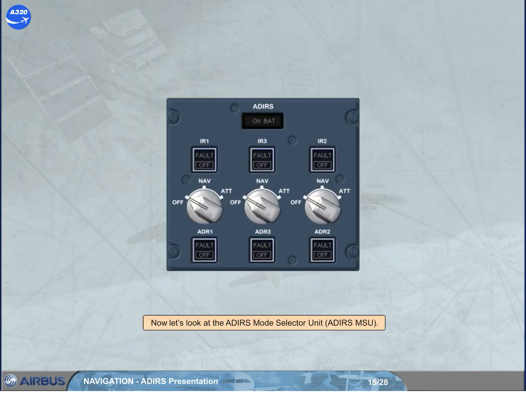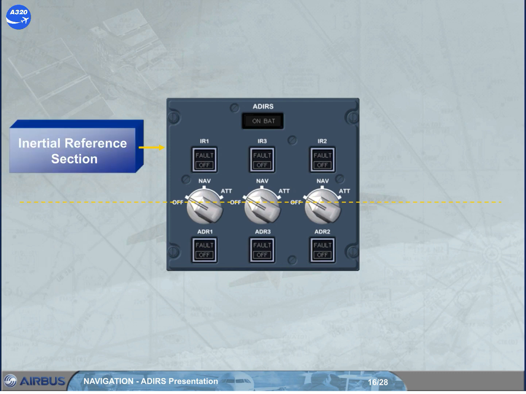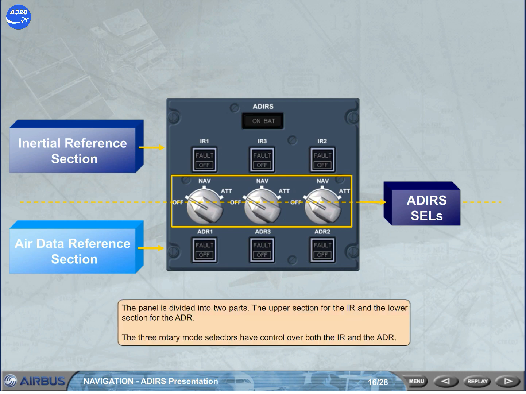Now, let's look at the ADIRS Mode Selector Unit, ADIRS MSU. The panel is divided into 2 parts, the upper section for the IR and the lower section for the ADR. The 3 rotary mode selectors have control over both the IR and the ADR.